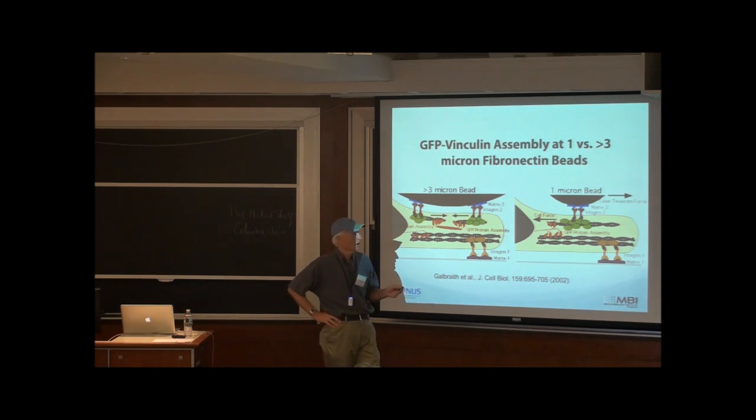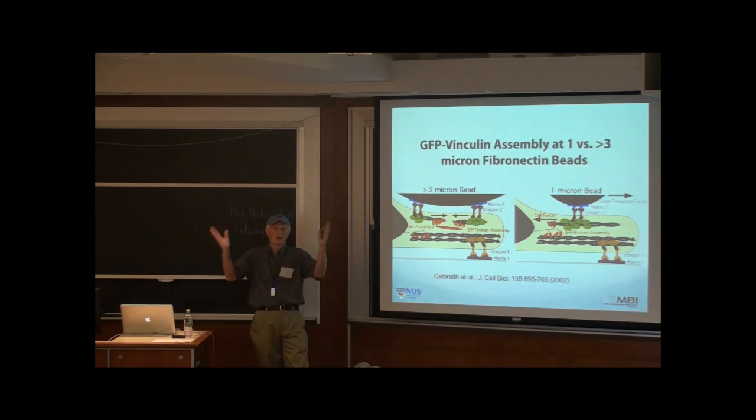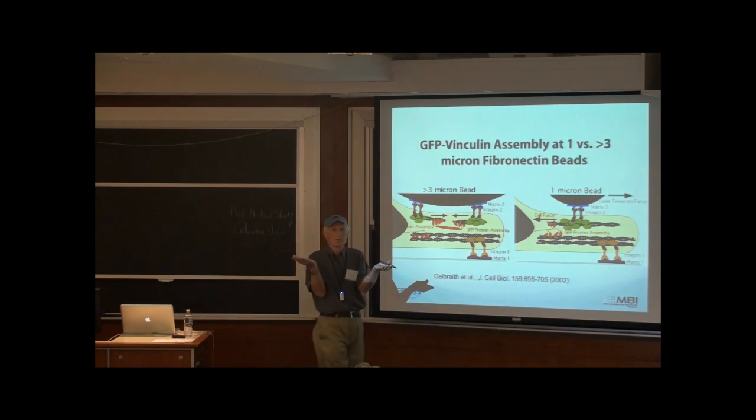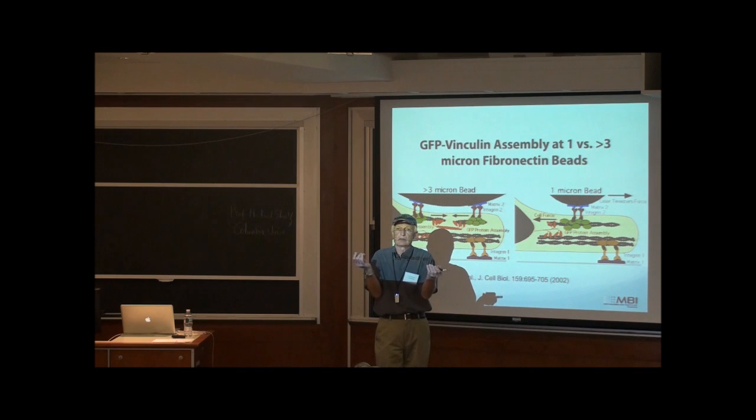Okay. The contact area is 0.2 of a micron, 200 nanometers. And we asked the question at the time, or at least Kathy Galbraith asked that question, of how large a bead surface you need before the cell will assemble adhesions at that bead.